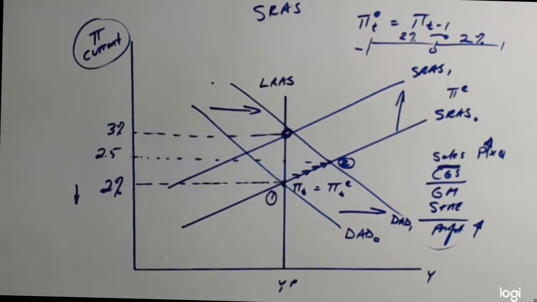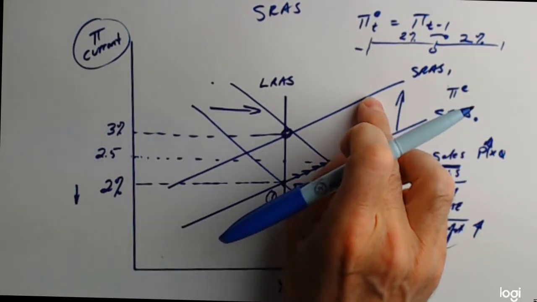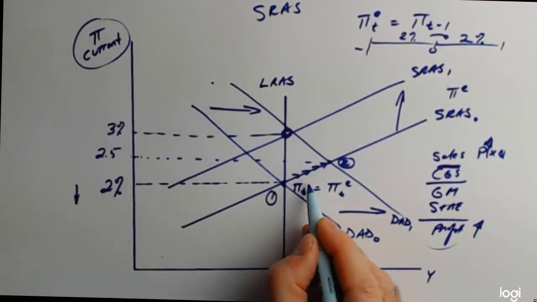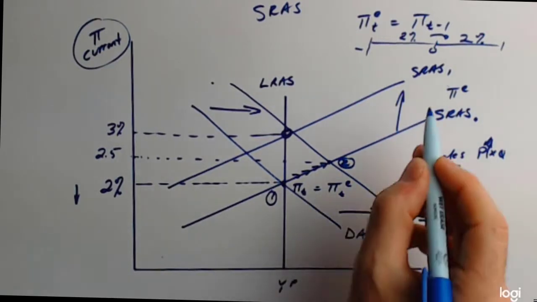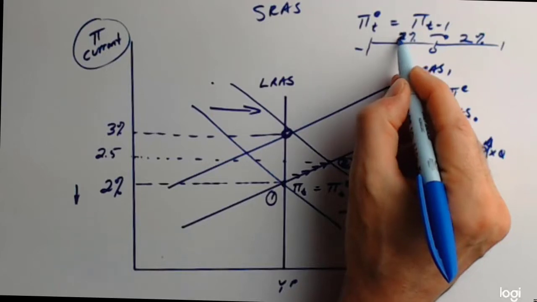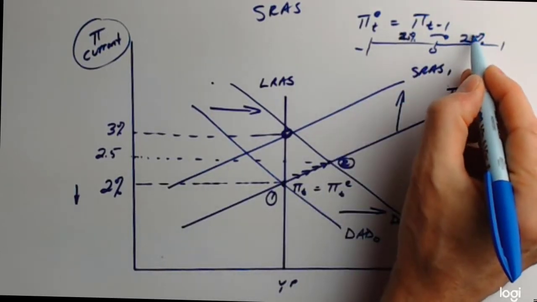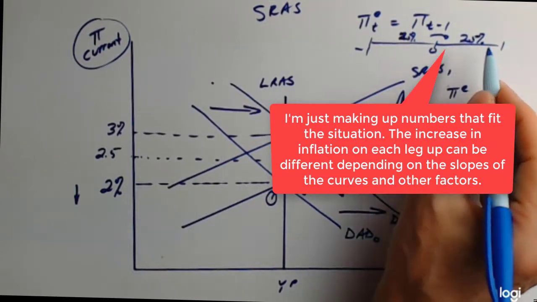It's the long run. So what happens is inflation expectations go up because past inflation just went up. Inflation just went up, and if inflation just went up in the past, this is now 2.5%, then it's going to go up 2.5% again, expected to go up. It's expected to be 2.5%.